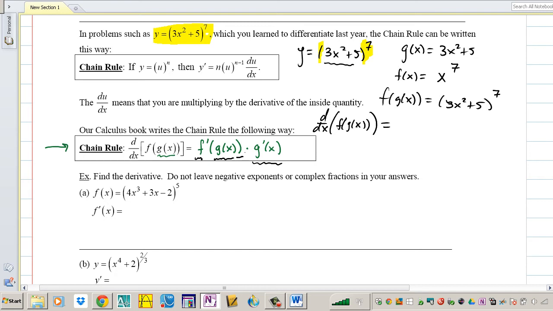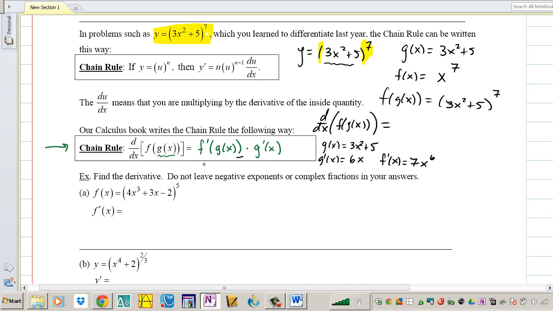Okay, so let's state them. g is 3x squared plus 5. What is g prime? g prime, well, that is 6x. And what is f prime? f prime is 7x to the 6.